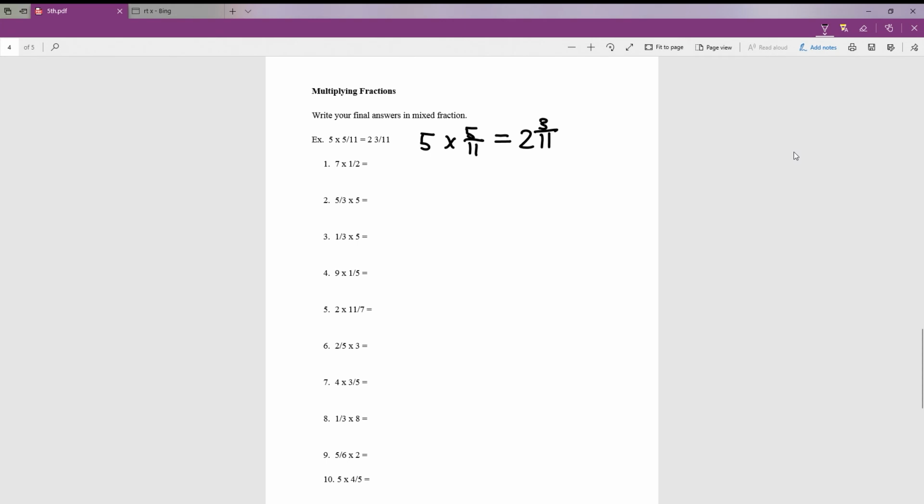So there are two ways to write a fraction that is over 1. Let's say I have 3 over 2. This is an improper fraction because the 3 over here, the numerator, is larger than the denominator. So this is the improper form.